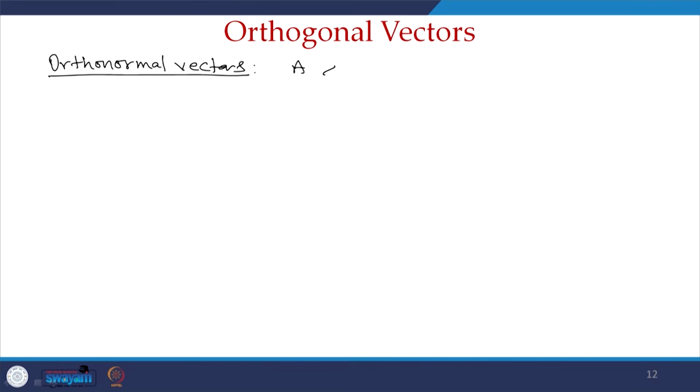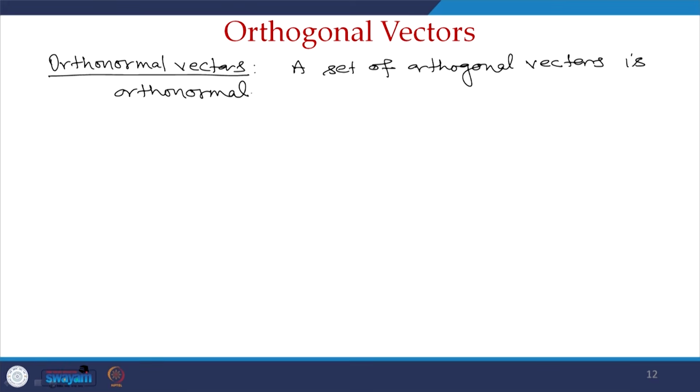A set of orthogonal vectors is orthonormal if each vector has length, or magnitude, 1. So, a set of orthogonal vectors is orthonormal if each vector in this set has length 1.